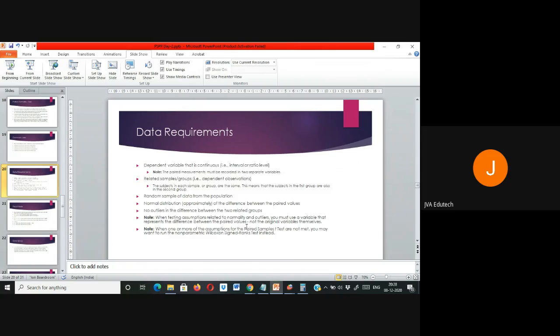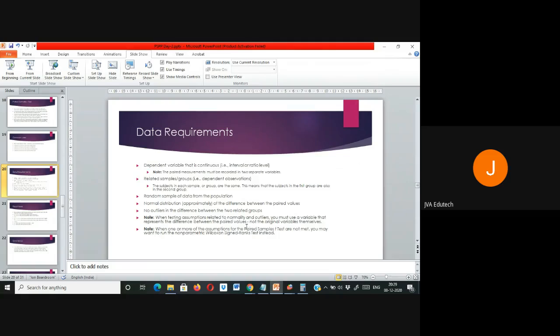So the data requirements for the dependent t-test or the paired t-test are that you should have a dependent variable measured on an interval or ratio scale, meaning it should be metric or continuous. The data should be metric in nature, taken on a continuous scale, that is interval or ratio. The groups that you have created should be related or dependent on each other. They should not be mutually exclusive.